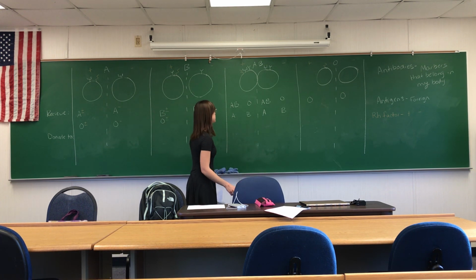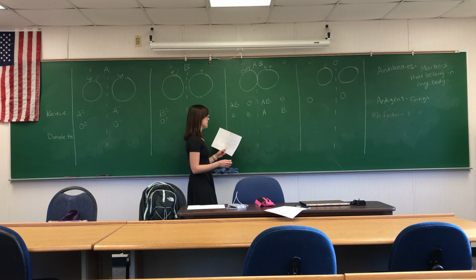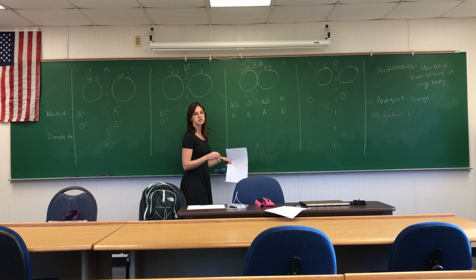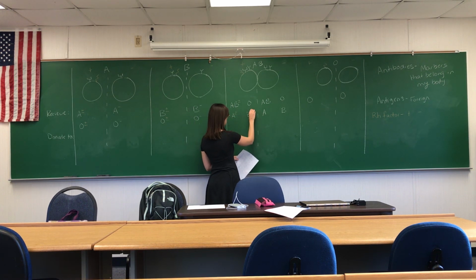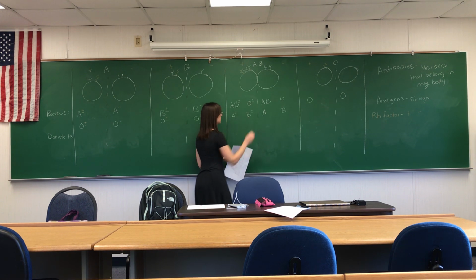Now AB positive, who can AB positive receive from? Well, it can receive from itself, AB positive, and it can also receive from AB negative, and it can receive from A positive and A negative, and from B positive and B negative, and from O positive and O negative.